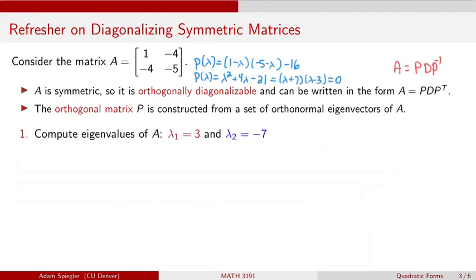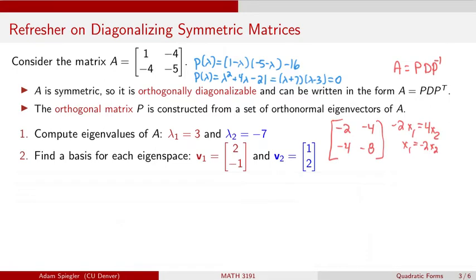Then we want to find the eigenvectors. A quick recap of that process: for the eigenvalue 3, we subtract 3 from the diagonal entries, and this gives us the matrix with a top row of -2, -4, and a second row of -4, -8. We get a redundant set of equations.